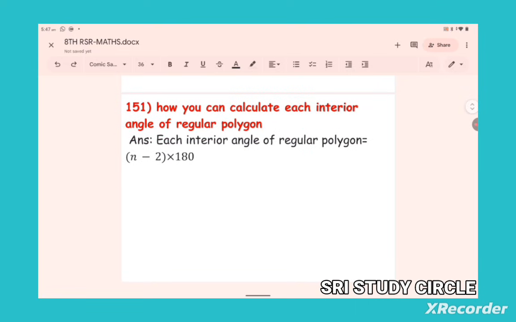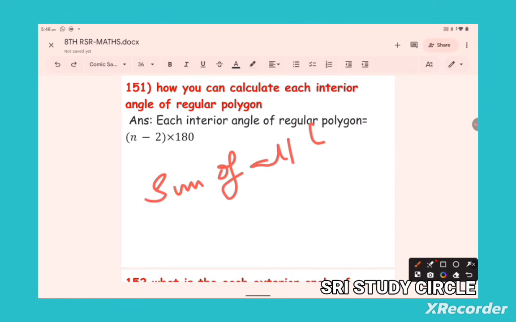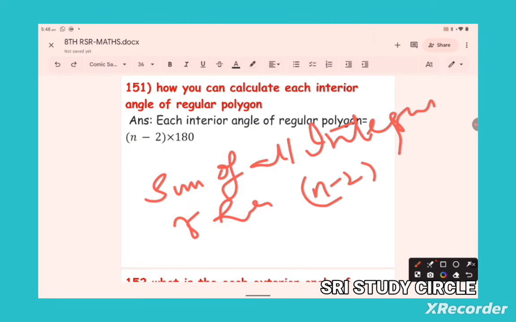How can you calculate each interior angle of a regular polygon? Here we know that the sum of all interior angles of a regular polygon is equal to n minus 2 into 180 degrees.